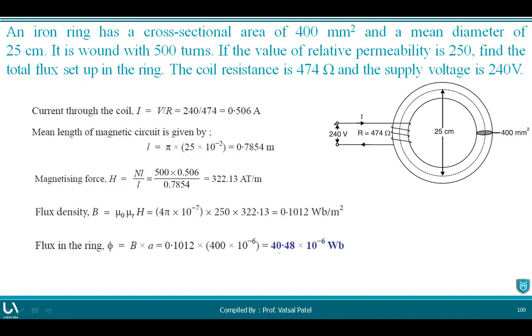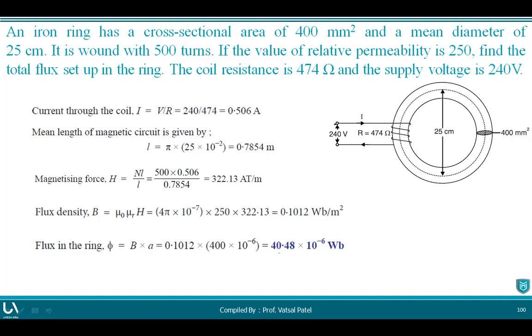Now you have the current, you have the length, and you also have the number of turns. So from this we can identify the magnetizing force by using the equation H is equal to Ni by L. N is the number of turns, that is 500. The current flowing is 0.506 ampere, and the mean length is 0.7854 meter.